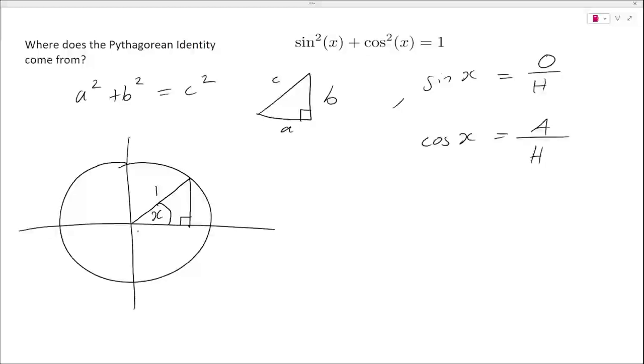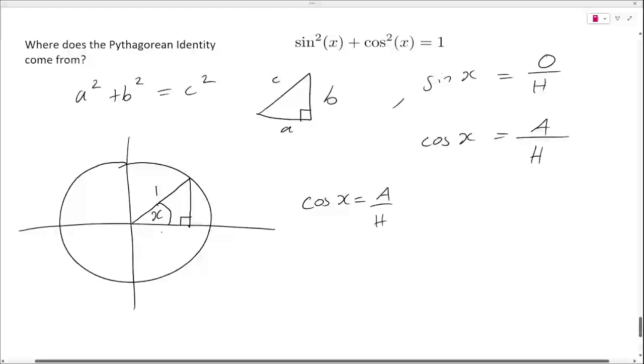Now, if I'm interested in finding out the length of this horizontal displacement here, how would I do that? Well, since it's a right angle triangle, I would use the fact that cos of x equals the adjacent over the hypotenuse. But we know that the hypotenuse is 1, so I can then just go ahead and rewrite this as cos of x equals the adjacent, or in other words, this length down the bottom here is simply cos of x.